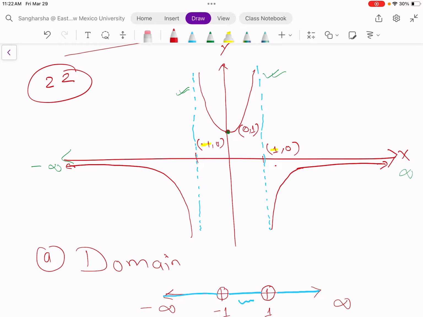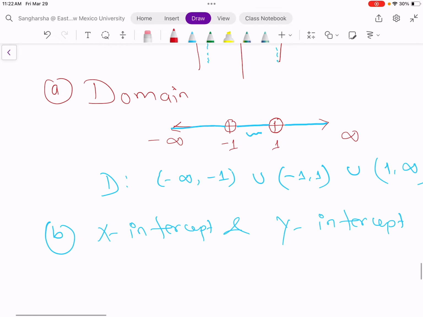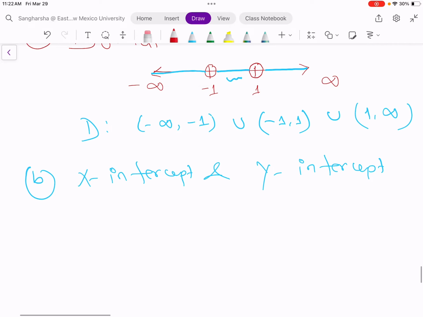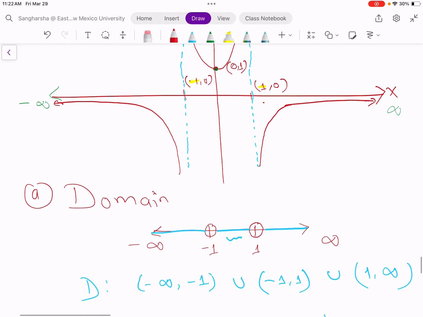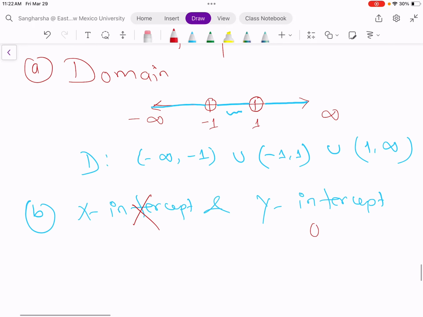It means no x-intercept. Now what about the y-intercept? Yes, that y-intercept is (0, 1). The y-intercept is the point where the graph crosses the y-axis.